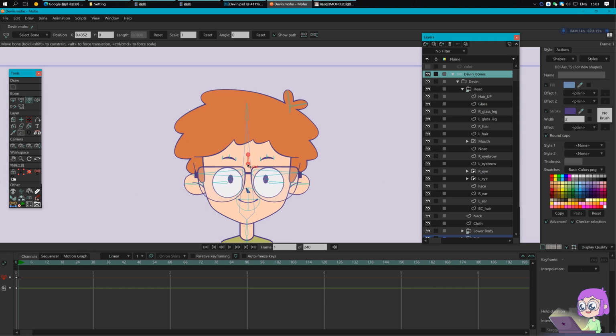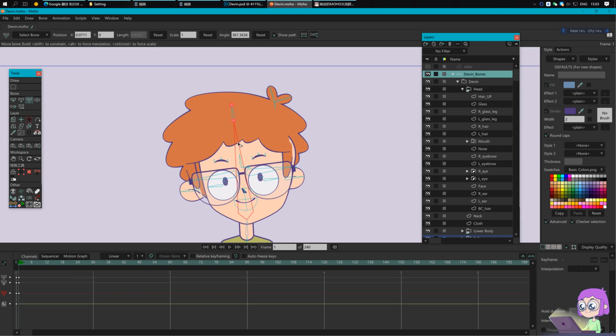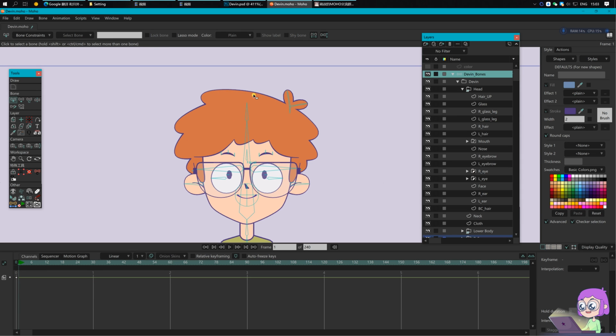Now I rotate the bone of the hair. The center point of the hair is wrong. In fact, I don't need his hair to rotate for this character. The bones of hair are actually because I'm too lazy. As you can see, when I flip the bone of the hair, it will turn to the other side.